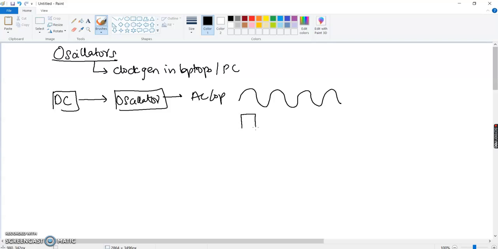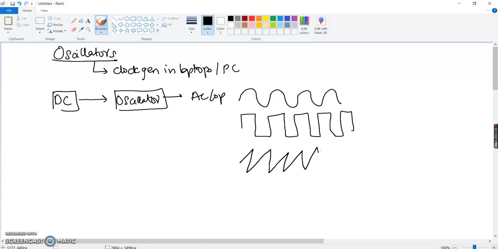It can be a clock type output, right? It can be a triangular type output. So it depends on your need which type of oscillator you are going to create. Basically you can generate your defined frequency based output of all the three types of waveform.